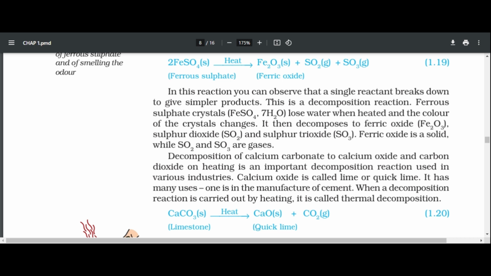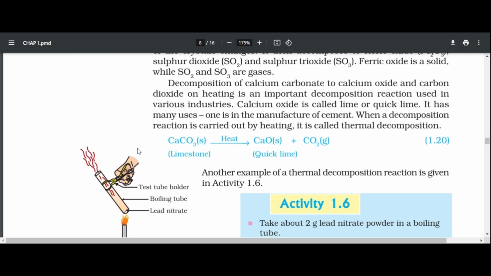Decomposition of calcium carbonate to calcium oxide and carbon dioxide on heating is an important decomposition reaction used in various industries. Calcium oxide is called lime or quicklime. It has many uses. One is in the manufacture of cement. When a decomposition reaction is carried out by heating, it is called thermal decomposition.